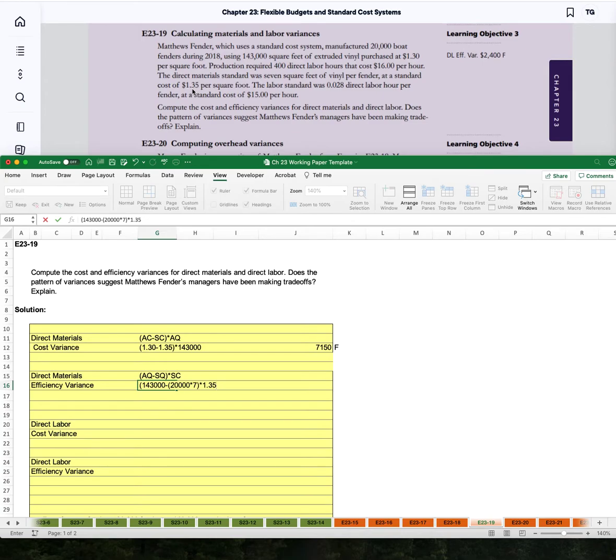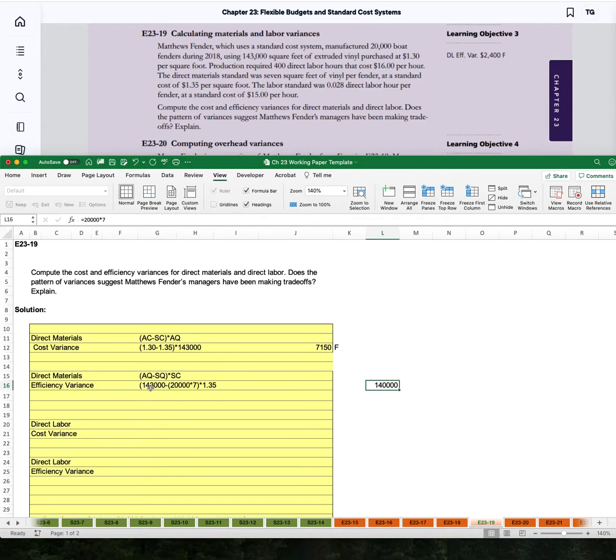And so let's just down below, or maybe even over to the side, calculate that 20,000 times the 7. And so we had a standard quantity of 140,000. Actual quantity 143,000, standard quantity 140,000. So what does that mean?